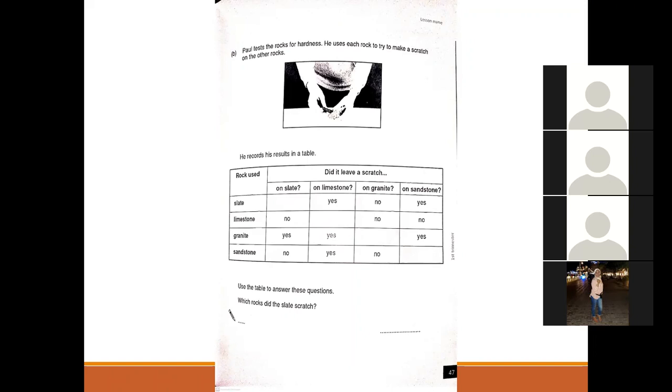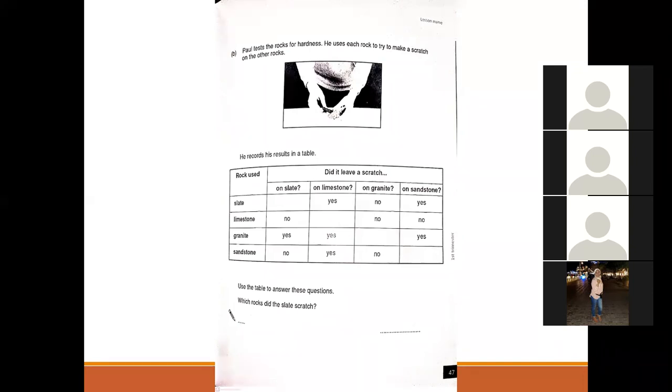So you will say that we will scratch the slate with the limestone and the granite with the sandstone. No, you will scratch each one of them with all of the rocks. Meaning, you have four kinds of rocks, right? You will get the granite first. You have the granite now in your hand, okay?